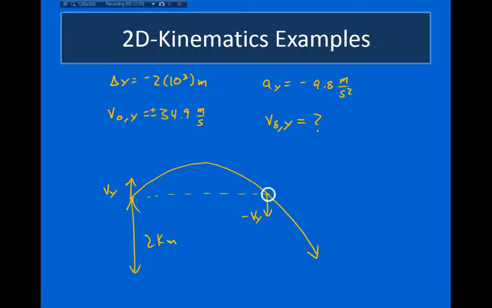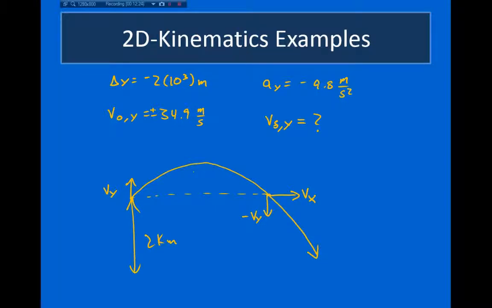It's going to have the same x velocity, because the x velocities don't change, and the y velocity has the same magnitude in the opposite direction.